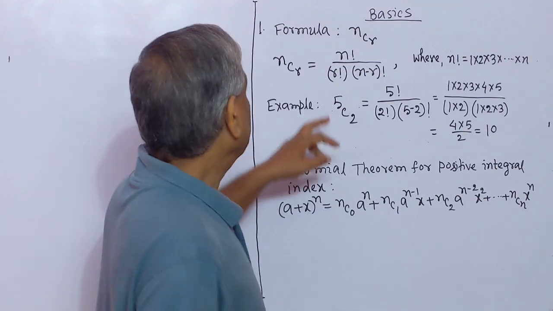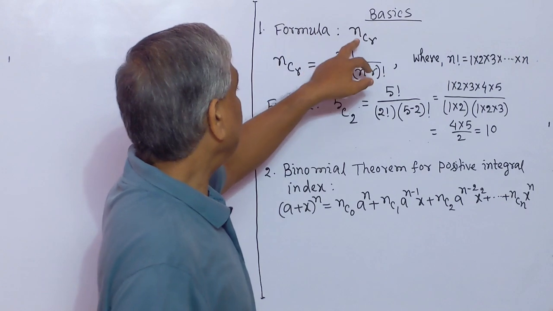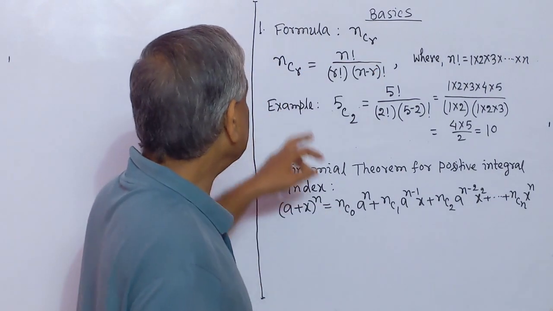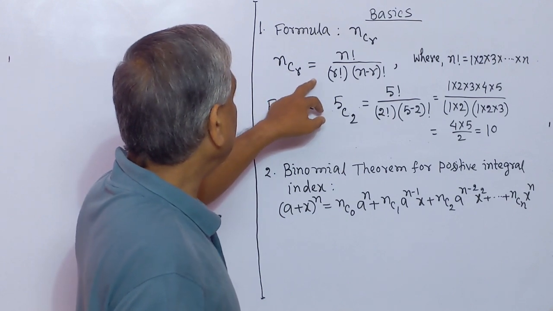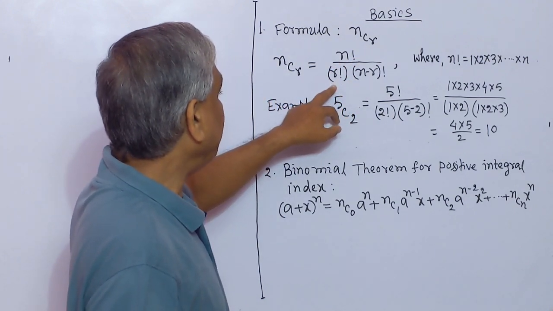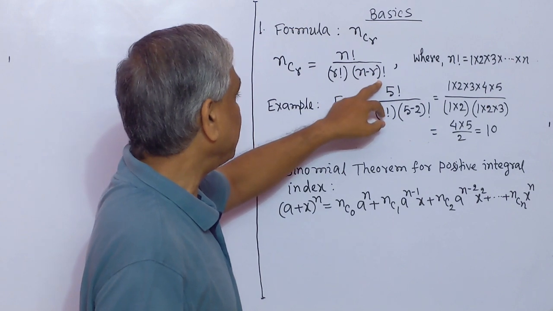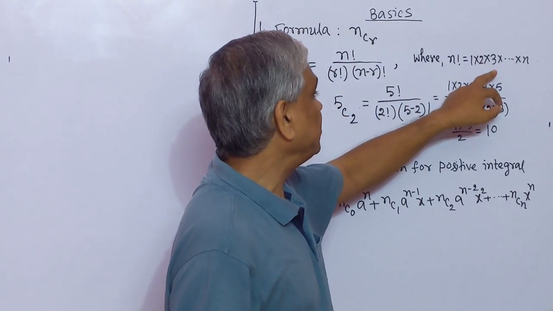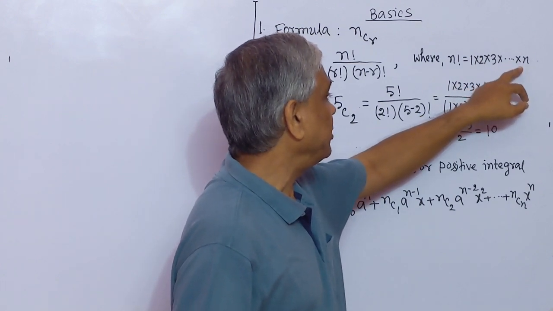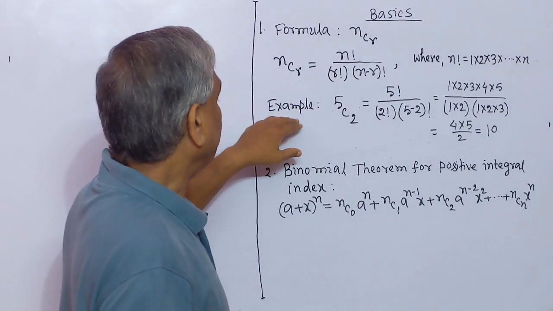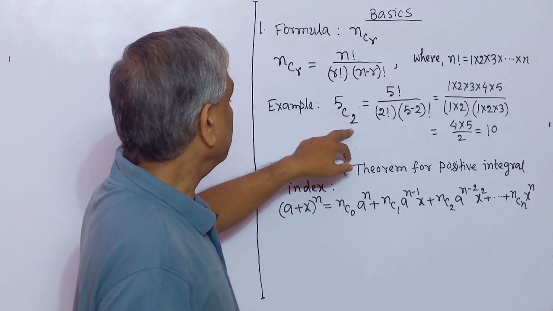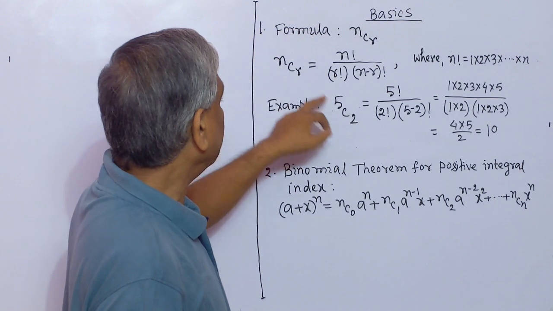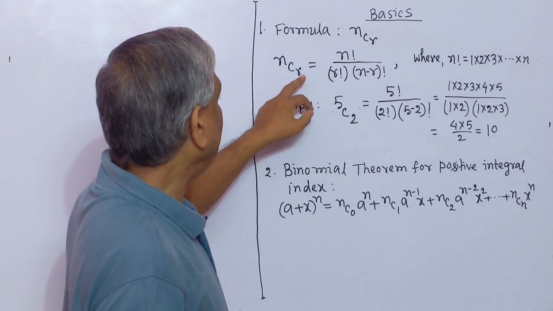First basic is the formula for nCr combination, and the formula for this is nCr equal to factorial n by factorial r multiply factorial n minus r, where factorial n means 1 multiply 2 multiply 3 multiply up to n. Example, 5C2. Here 5 is in place of n and 2 is in place of r.